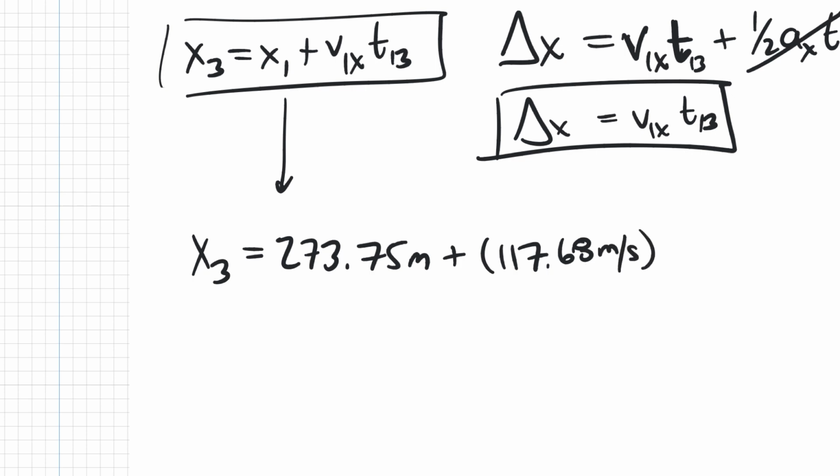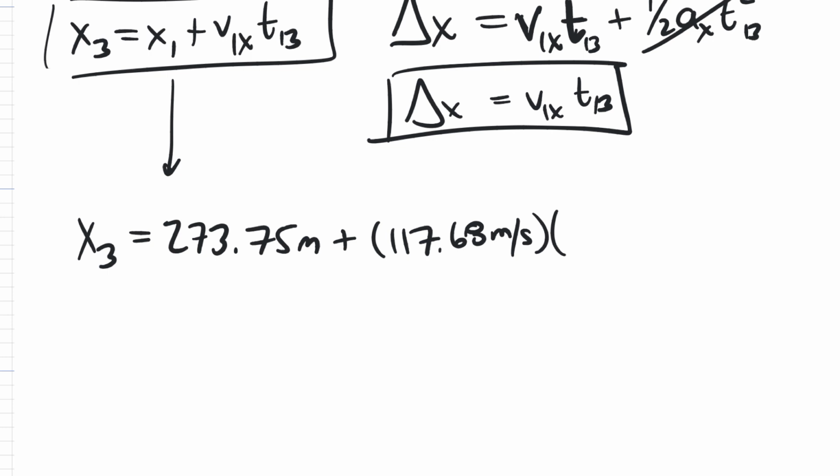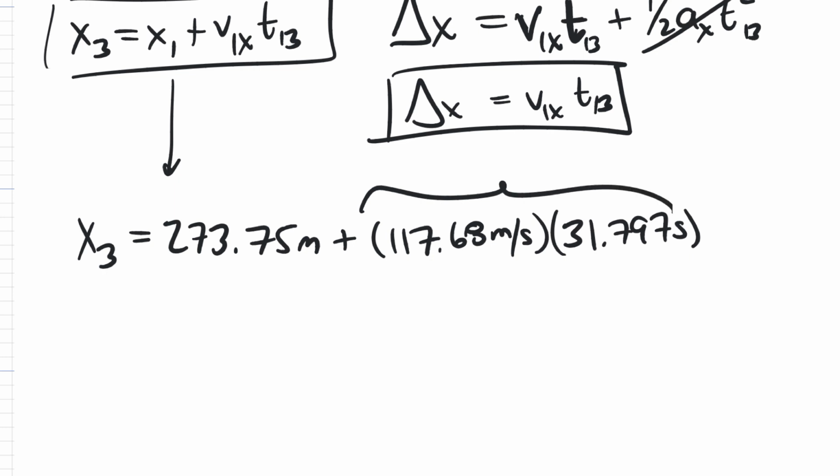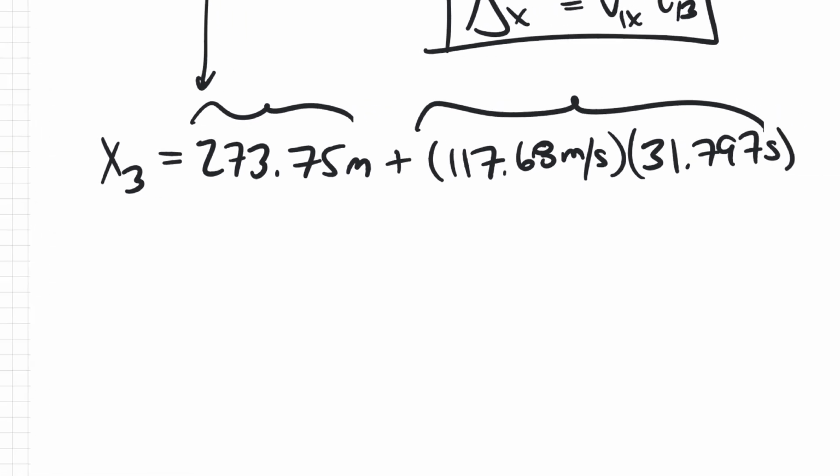That's the velocity through the whole time, so it's also the initial. And the time while it's in the projectile phase is 31.797 seconds, okay? So this is how far it travels during the projectile phase. This is where it starts the projectile phase. So all told, that will tell me where x3 is relative to wherever it started. Okay, so we add all that up, I'll get 4,015.6 meters. A most annoying number because the sig figs are obnoxious.